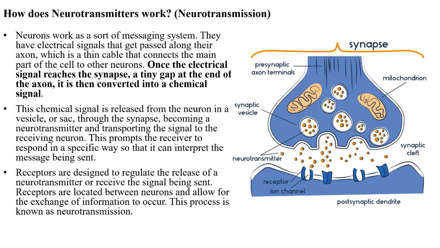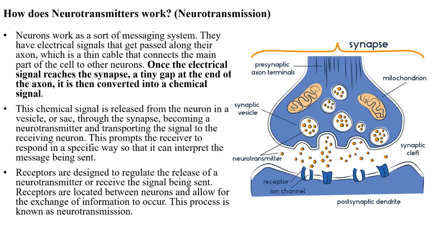This chemical signal is released from the neuron in a vesicle or sac through the synapse, becoming a neurotransmitter and transporting the signal to the receiving neuron. This prompts the receiver to respond in a specific way so that it can interpret the message being sent.